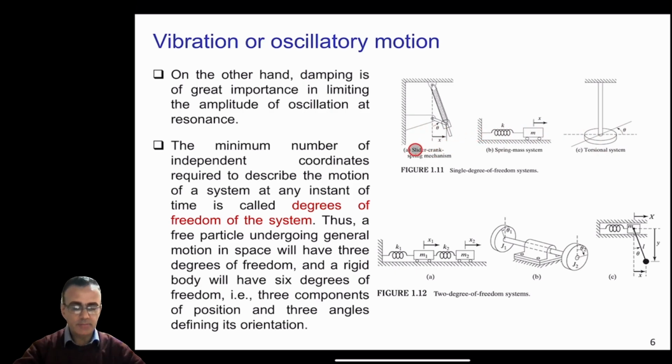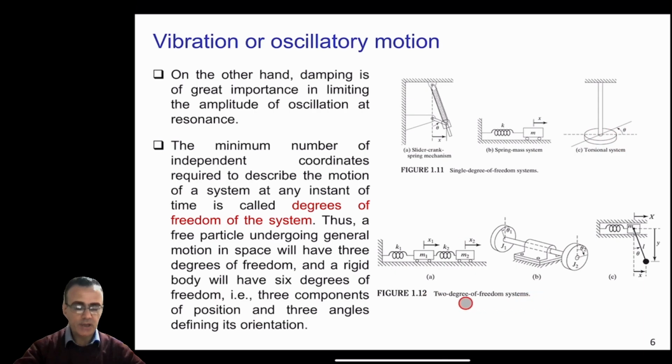For example, the first one is a slider crank mechanism, and you only need one angle theta or this x, and obviously x and theta are related to each other, to fully describe the motion of this slider crank. In this spring mass system, you just need one coordinate x here to fully describe its motion. And in this torsional system, you only need one coordinate theta here.